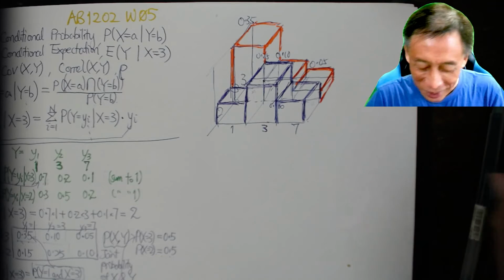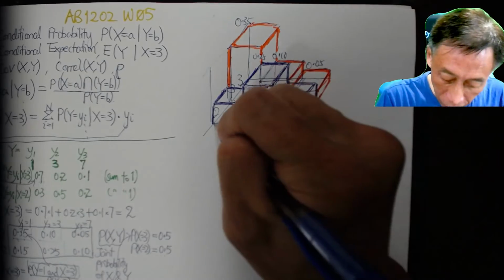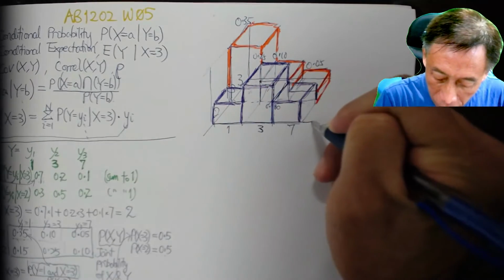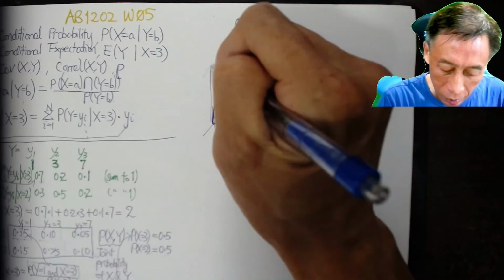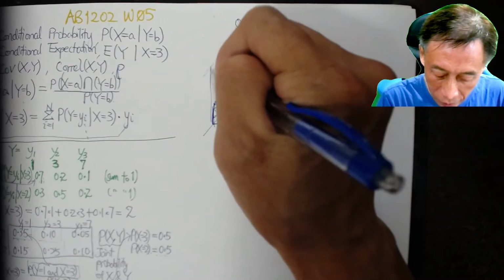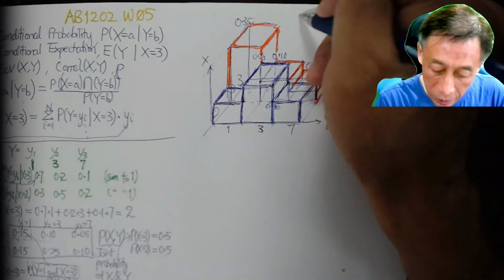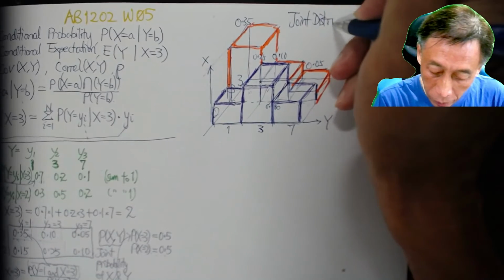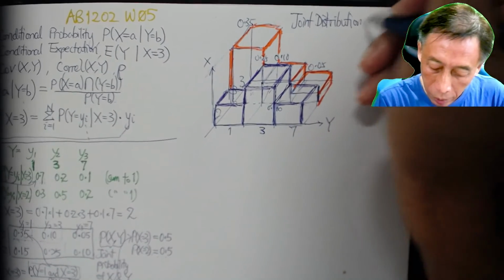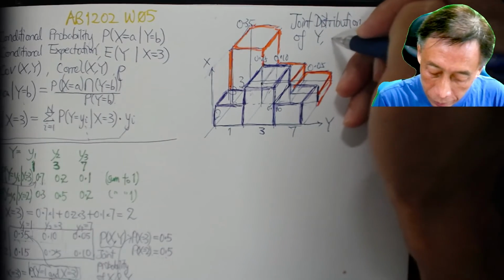you will agree. Okay, so that is, very quickly, our very simple joint probability of x comma y, or you can say y comma x. So this is the joint distribution, because we can now see the shape of y and x.